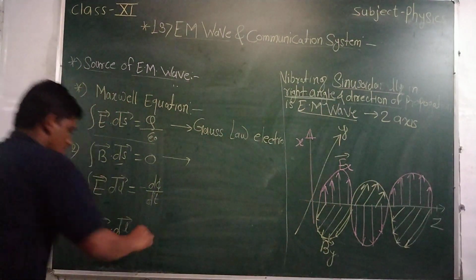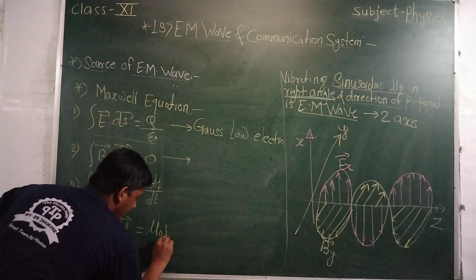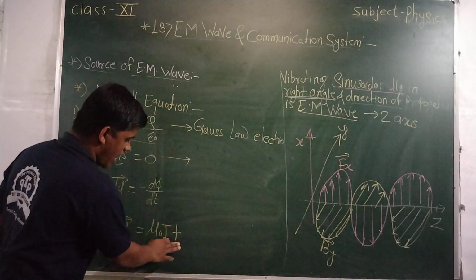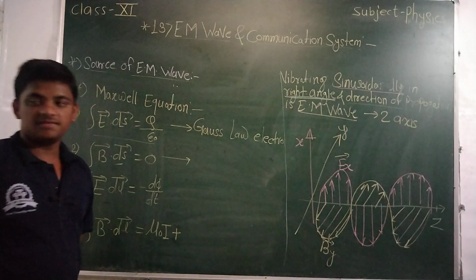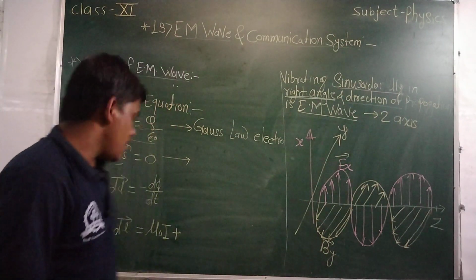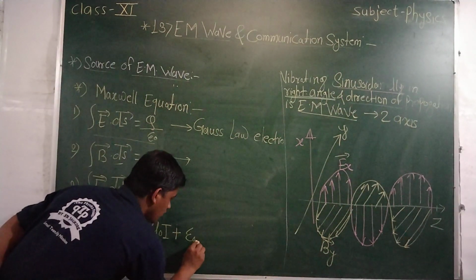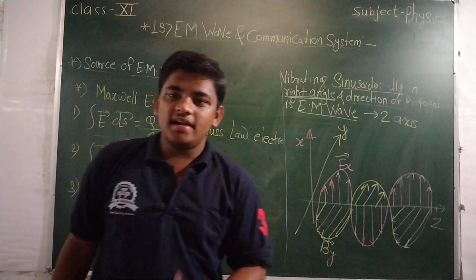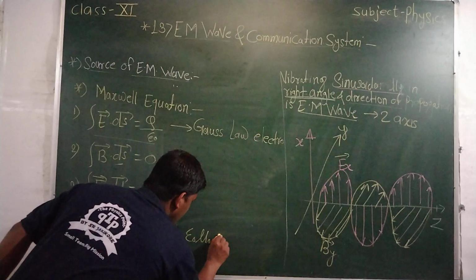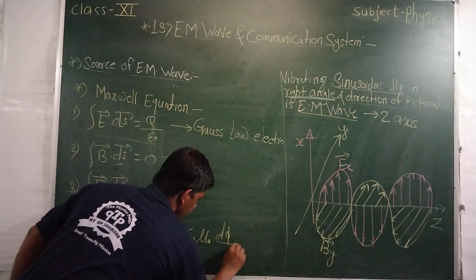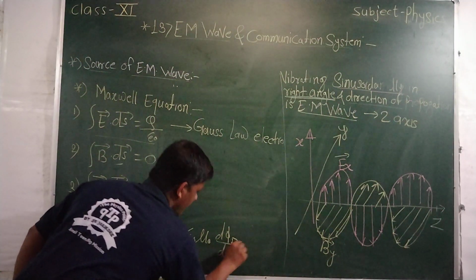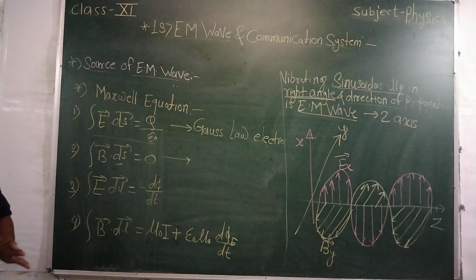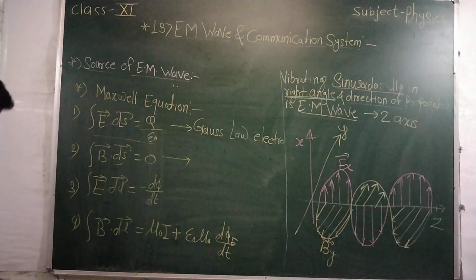Then they give mu 0 I plus, they give the relation epsilon 0 mu 0 into d phi by dt, where this is the electric flux, this is the magnetic flux, and this is the electric flux.